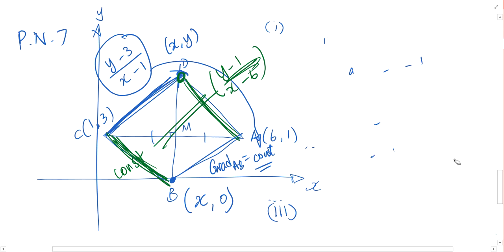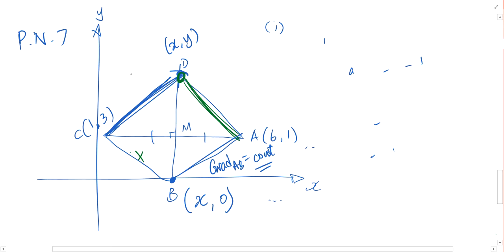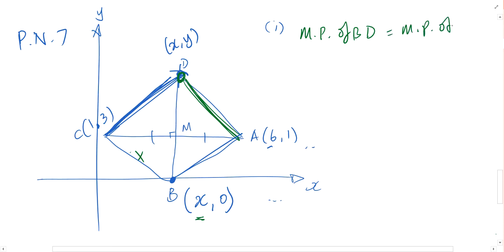We found the midpoint of CA. We don't need all this. We also found the value of this x. So midpoint of BD equals to the midpoint of CA. You already have the midpoint of CA.